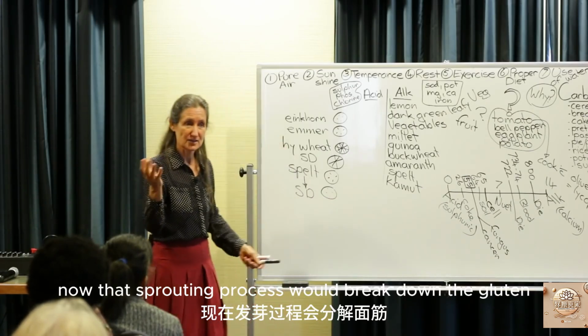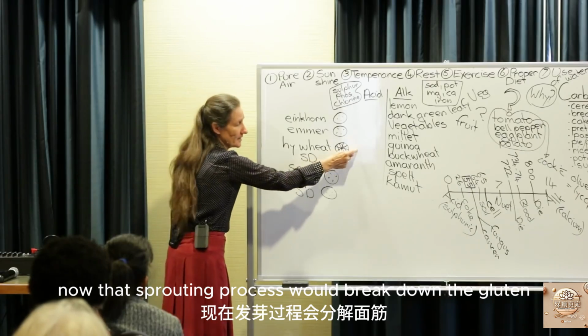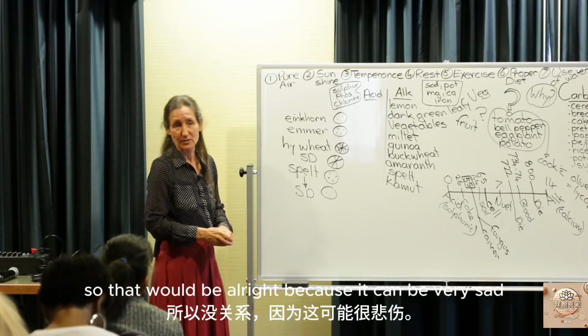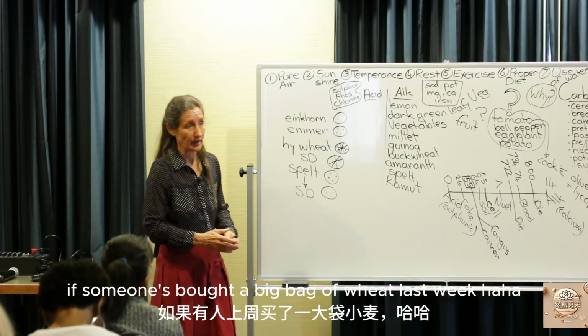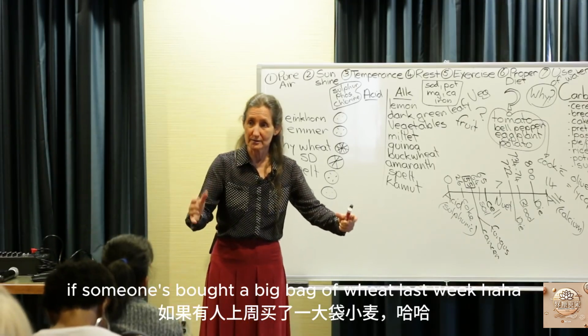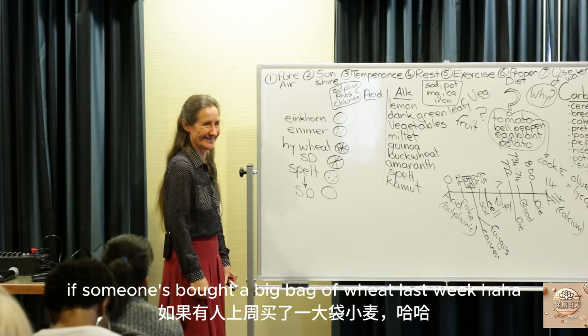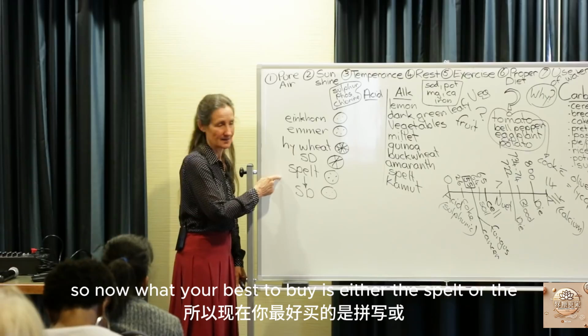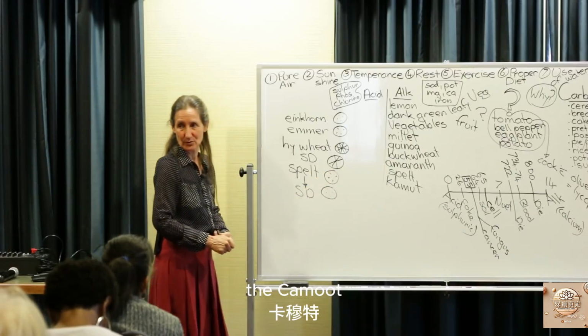Now that sprouting process would break down the gluten. So that would be all right. Because it can be very sad if someone's bought a big bag of wheat last week. So now, what you're best to buy is either the spelt or the kamut.